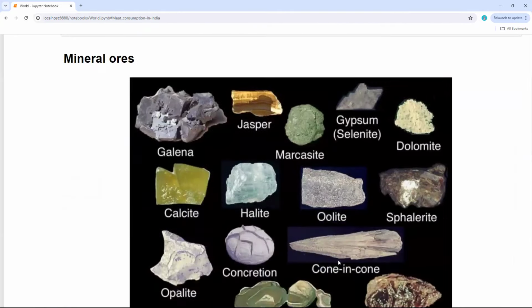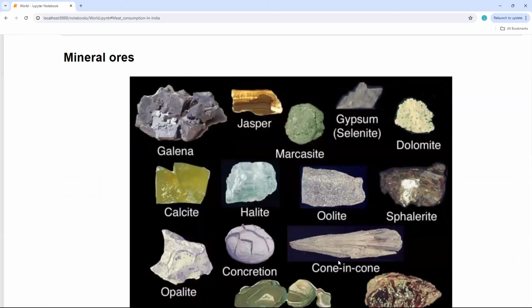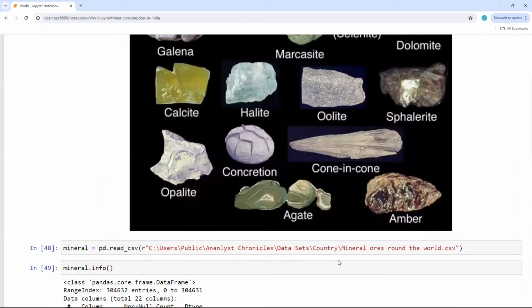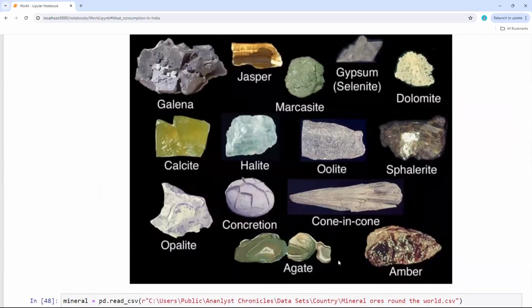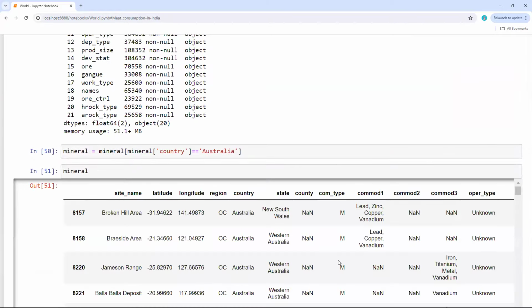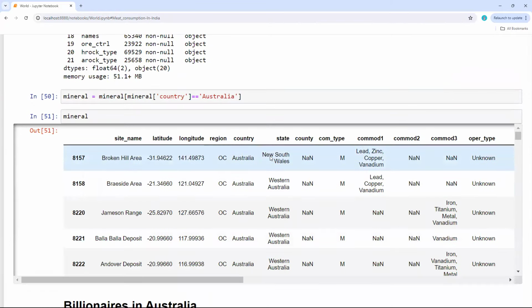And what are all the mineral ores or different types of metals or materials being mined in Australia? This data is for different kinds of metals or mines Australia has, with the location. It has the country and the state where the particular ore or mine is located, and the exact coordinates, latitude and longitude, and region, nothing but Oceania.